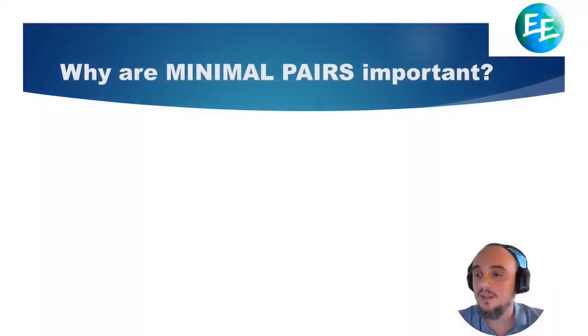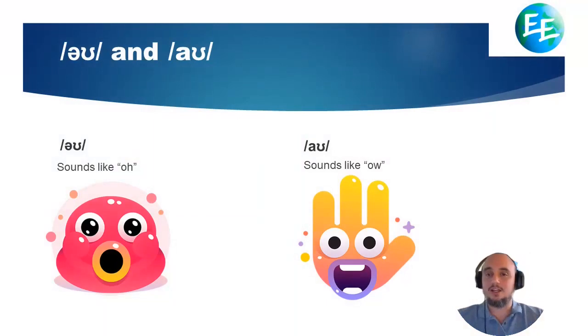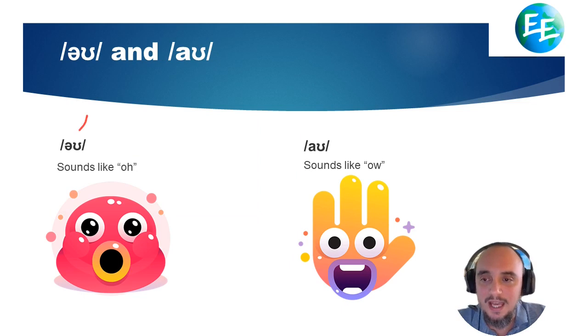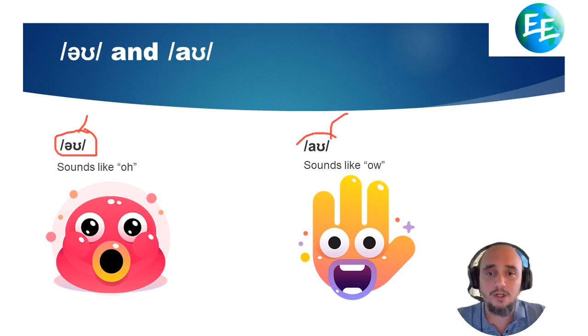Okay. All right, let's look at O versus ow. How do we make these sounds? Okay, so this is the IPA chart for both of these sounds. If you want to look further into those IPA charts, I can provide that reference material for you. But here, this just shows how these minimal pairs work in terms of their sounds.